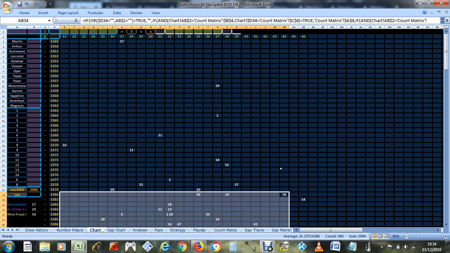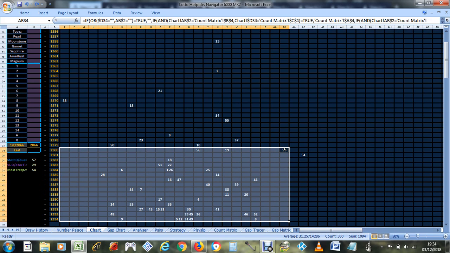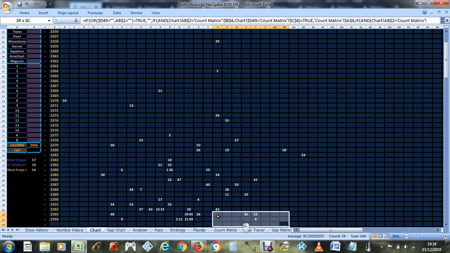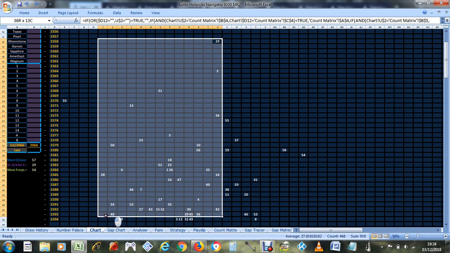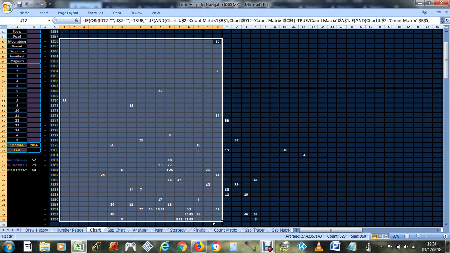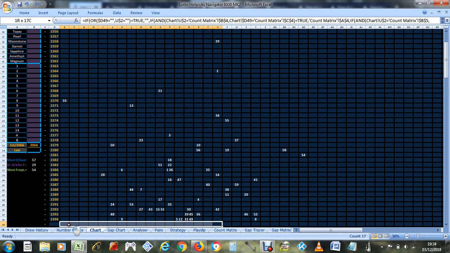And so as the numbers move up one square at a time with each draw, that is increasing by this much every time, whereas the one for 29 is only increasing by this much every time.